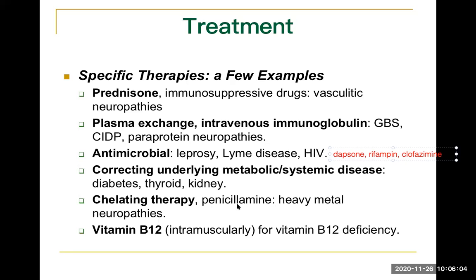Okay, EDTA, ethylene diamine tetraacetic acid. So penicillamine, desferoxamine, and EDTA. So these are all different ones. Vitamin B12: if we are dealing with vitamin B12 deficiency or subacute combined degeneration of the spinal cord, then you have to give vitamin B12 injection. Okay, that's quite an easy answer.